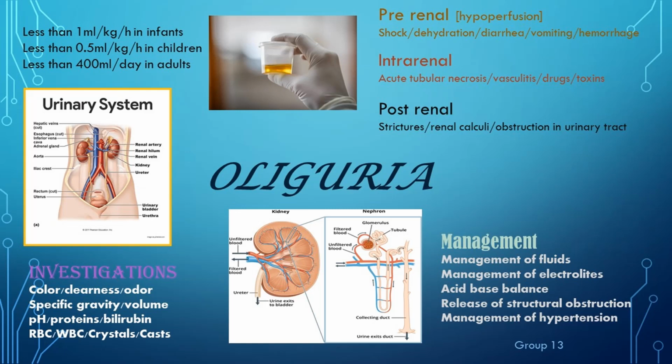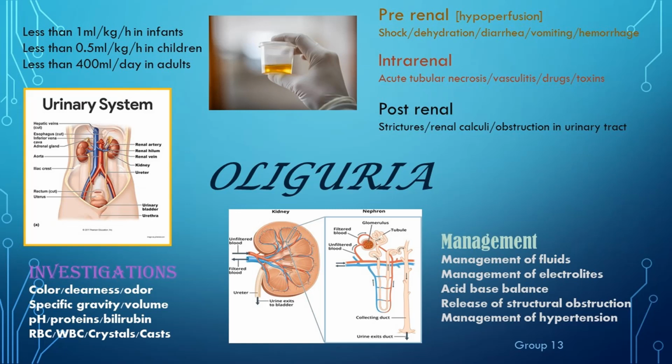When we look at the investigations of oliguria, we can do it by investigating either blood or urine. In urine analysis, there are microscopic, macroscopic, chemical and physical analyses. The color of the urine, clearness and the odor of the urine can be investigated as macroscopic analysis, while urine specific gravity and volume can be measured as physical analysis.